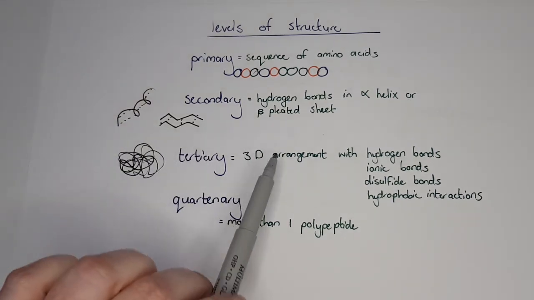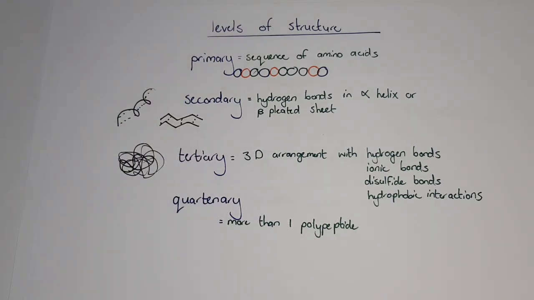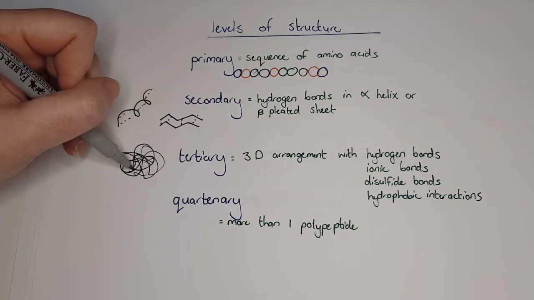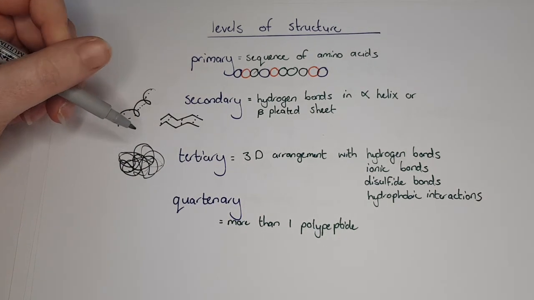The 3D structure in the tertiary bonding consists of hydrogen bonds, ionic bonds, disulfide bonds, and hydrophobic interactions. Those are the 4 different kinds of bonding that we can find in this 3D structure.